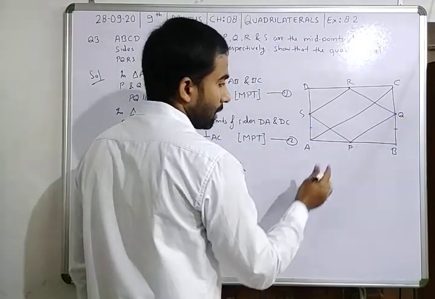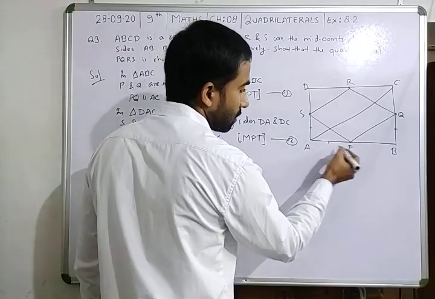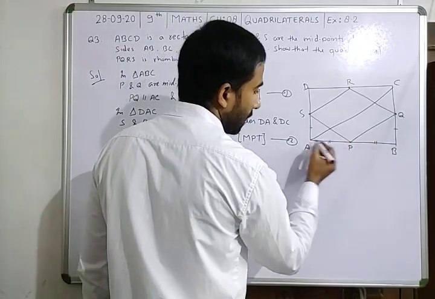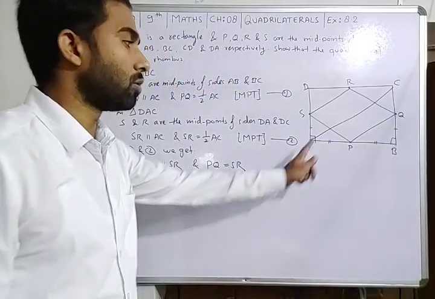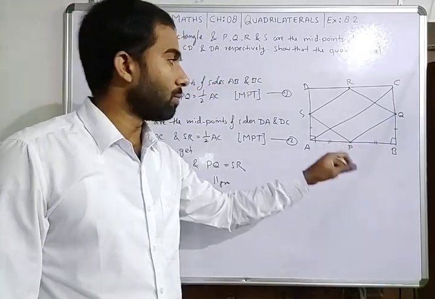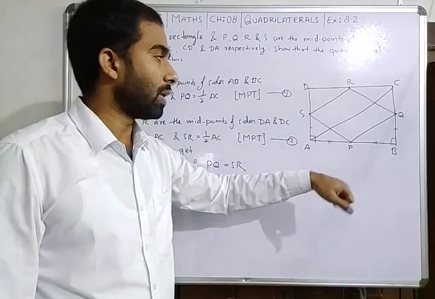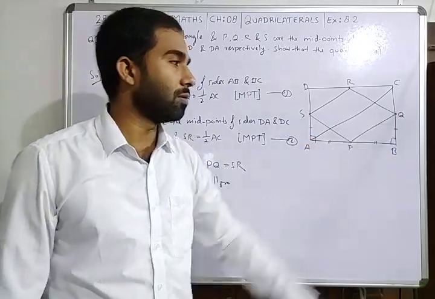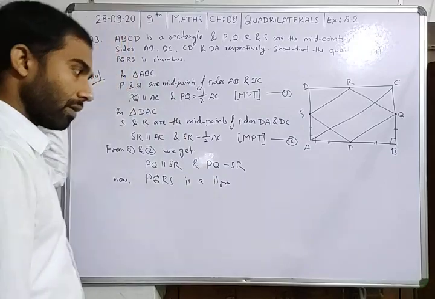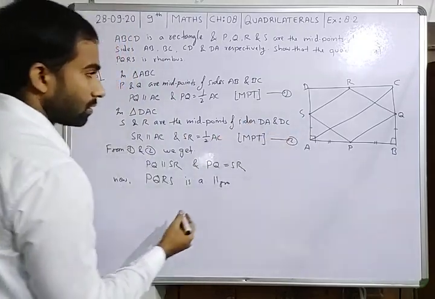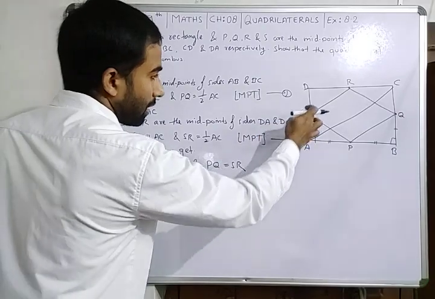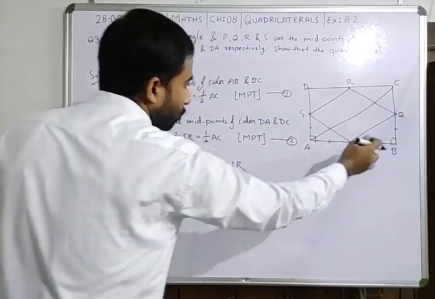And P is also a midpoint, so this one is also equal to this one, and this angle is equal to this angle, 90 degrees. So both triangles are congruent by side angle side. So by CPCT, this side is equal to this side. Now we will consider triangles SAP and QBP.